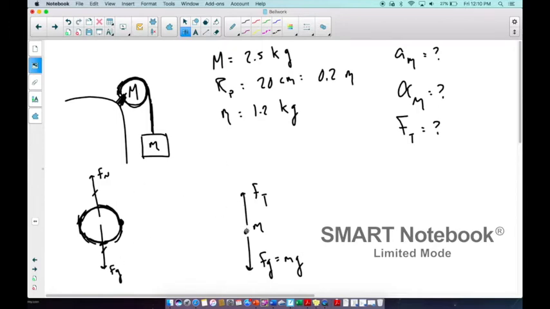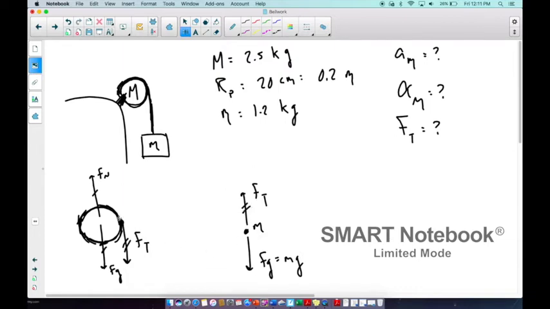If the tension force on this mass goes up this way, there's got to be a Newton's third law pair to that. That tension force has to pull down on something else, and it's going to pull down on this pulley. So here's my tension force, and it's going to be the same as this tension force on this mass.